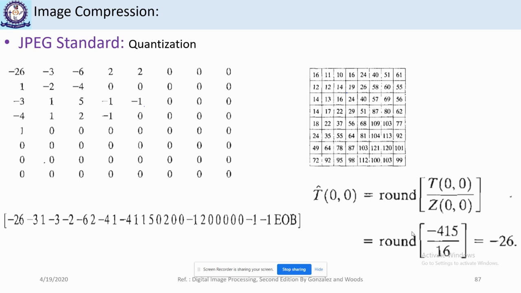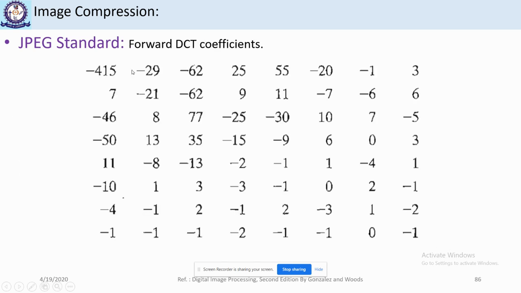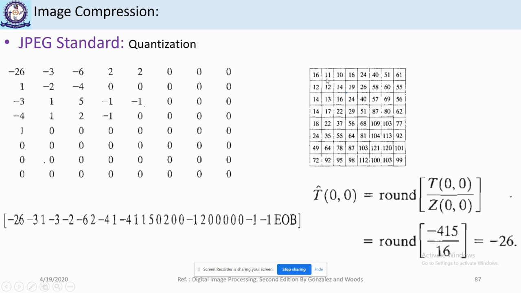Now next comes quantization. In quantization, as we have discussed, we normalize these DCT coefficients using a standard 8 cross 8 array. This is the quantization table.